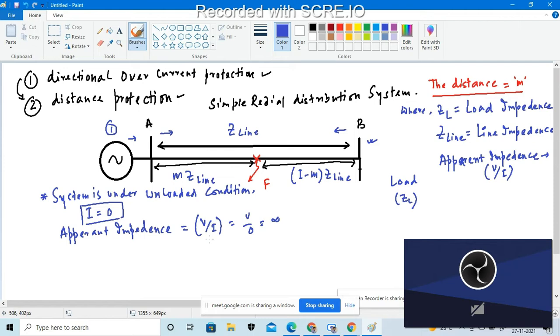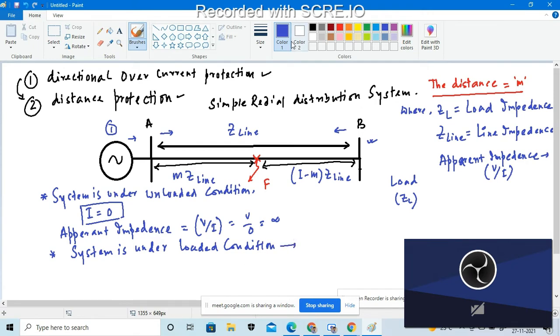Now the second condition is when the system is under loaded condition. So for that case, what is actually happening?